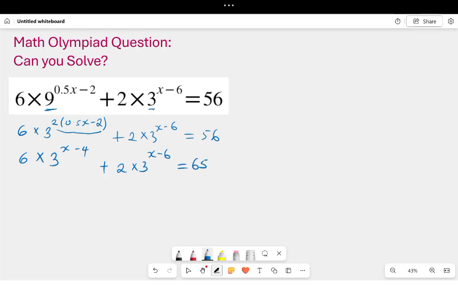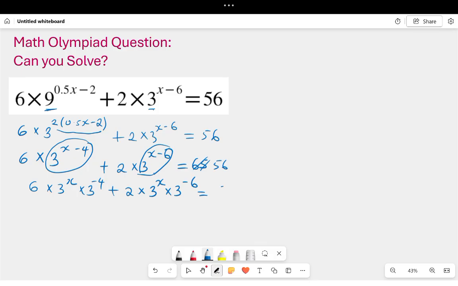Now, simplifying these exponents further, we are going to get 6 times 3 to power x, and then times 3 to power negative 4, plus 2 times 3 to power x times 3 to power negative 6 is equal to 56.